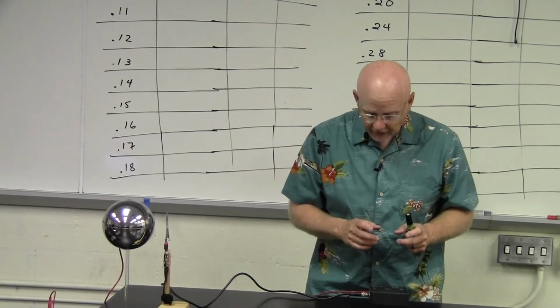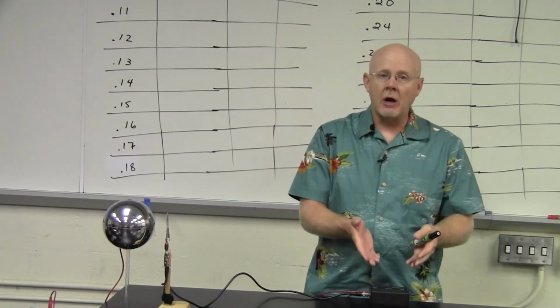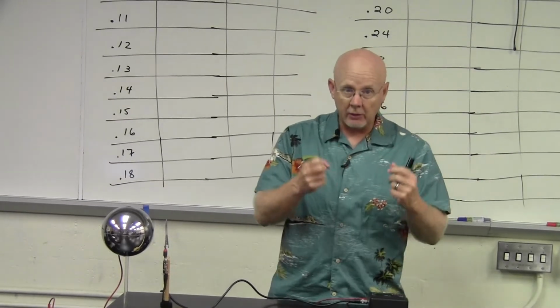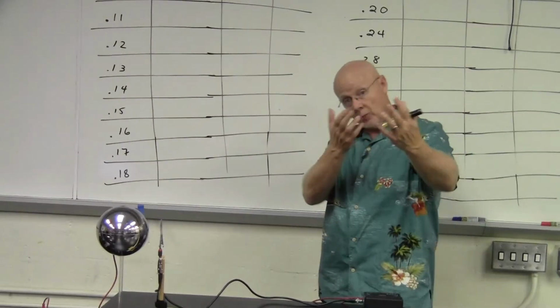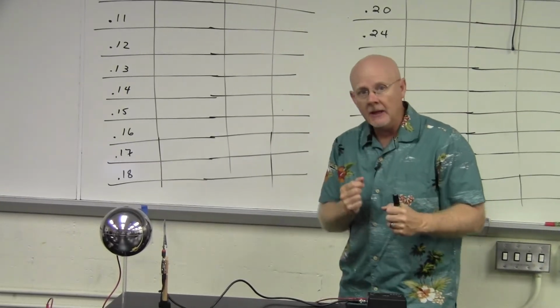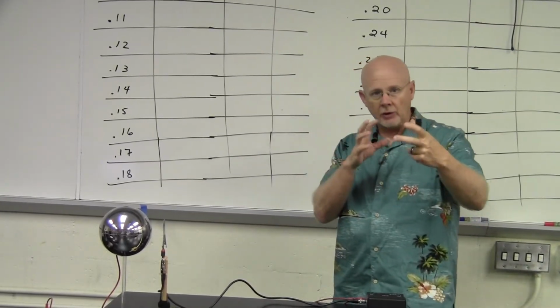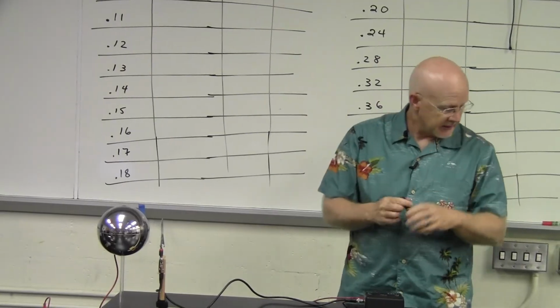I'll look down on the scale, say the number and write it here, and that's how we'll be working. We're a team. You're collecting data, and you're going to do the graphs and answer the questions.